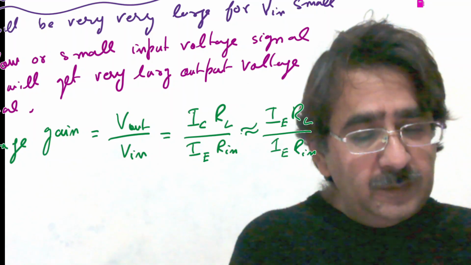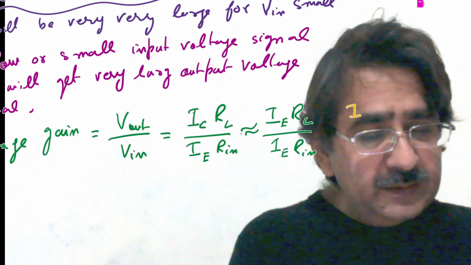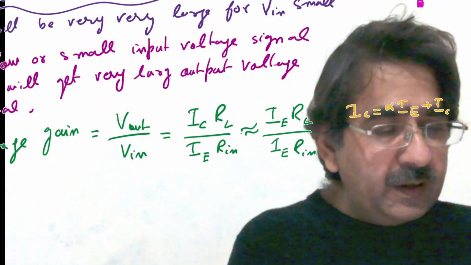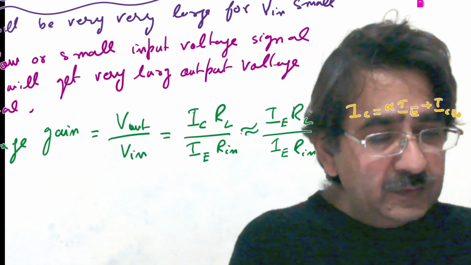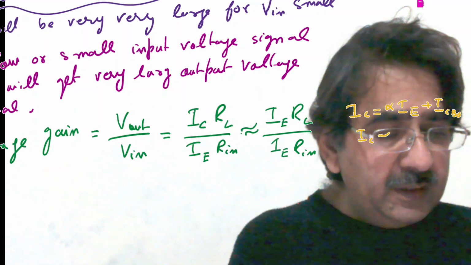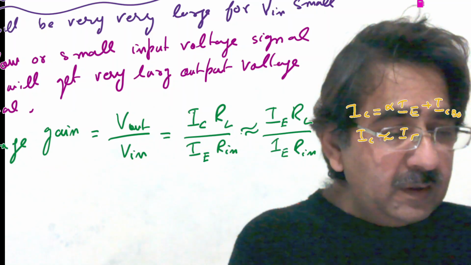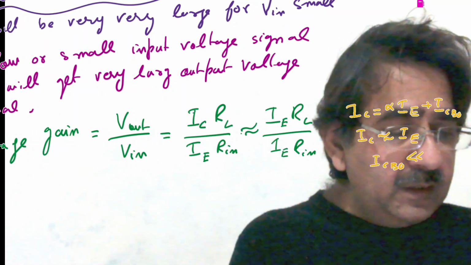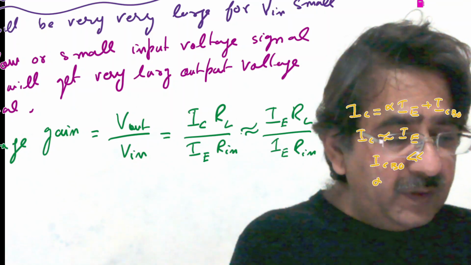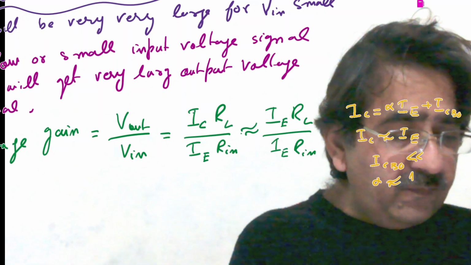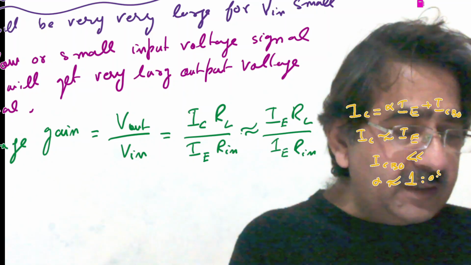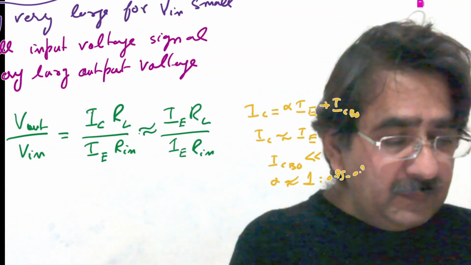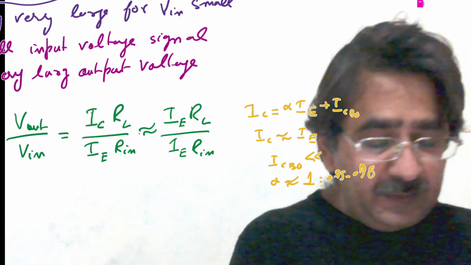Why? Because IC is equal to alpha IE plus ICBO, and this will be approximately equal to IE, because ICBO is very small and alpha is near to 1, or you may say 0.95 to 0.98.